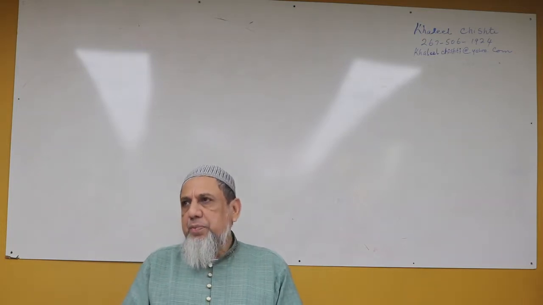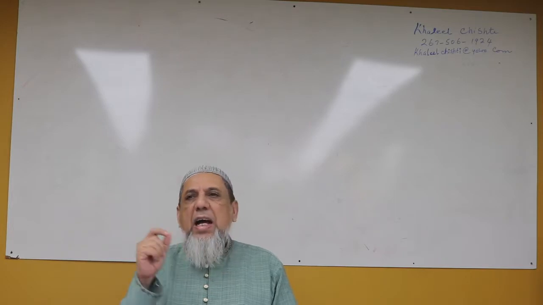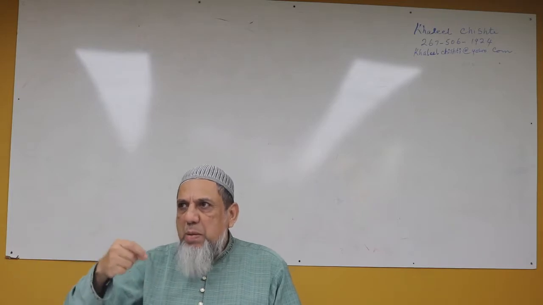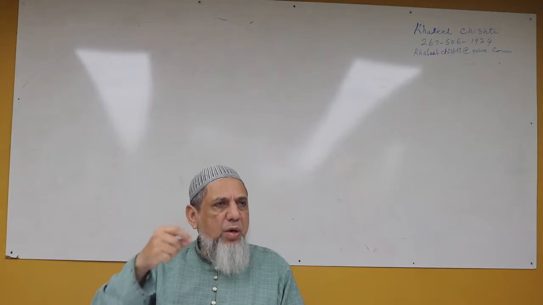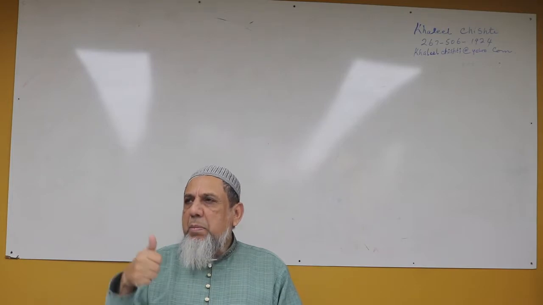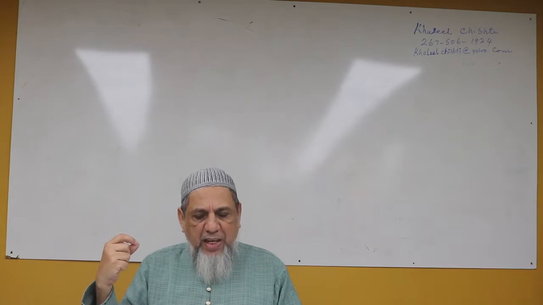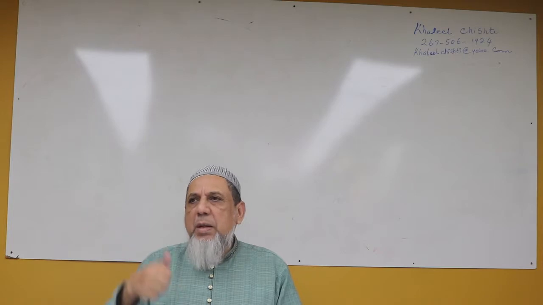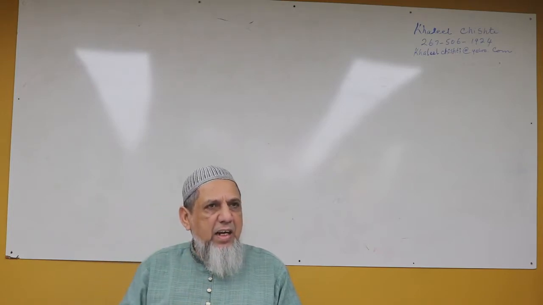These letters are mutaharrik. Mutaharrik means they move in their sound, if a fatha, dhamma or kasra is placed over them. Dhamma, fatha and kasra are called short vowels. They are called harakat. Dhamma is a haraka, fatha is a haraka, and kasra is a haraka.